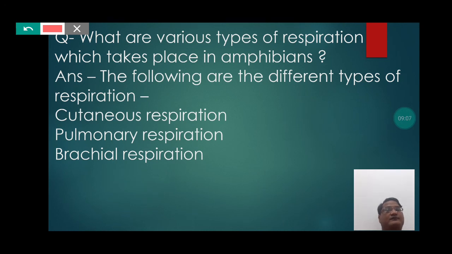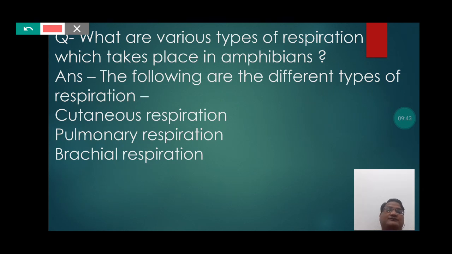This is why the skin of the amphibians generally remains moist, so that the dissolved oxygen in the water can enter into the body of the amphibians, and the carbon dioxide also can get released through the skin.